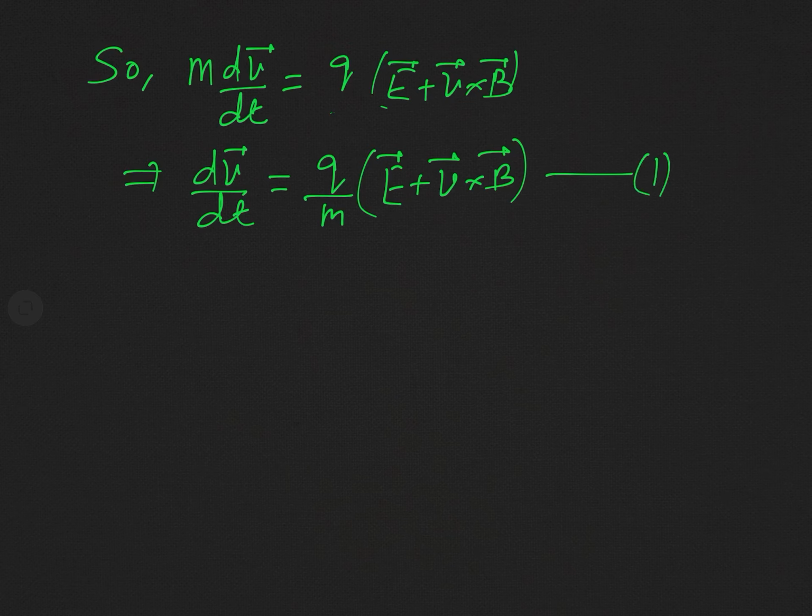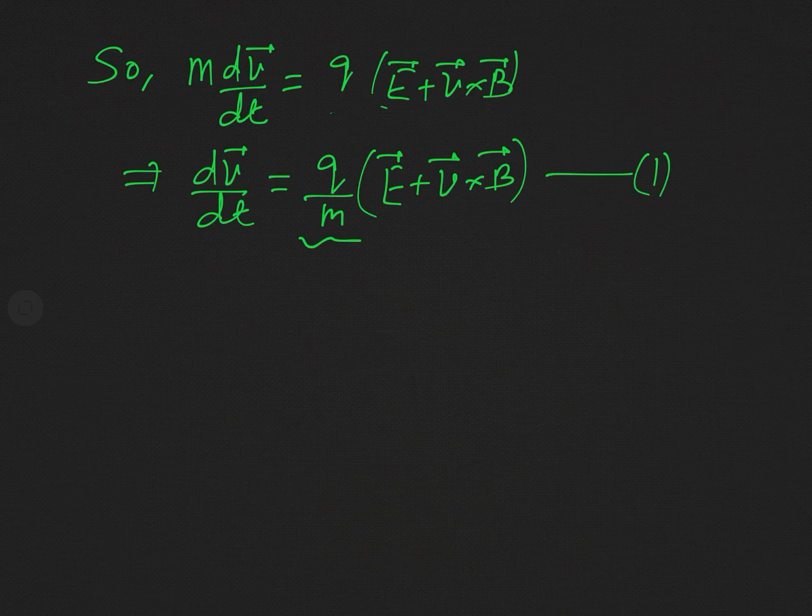Now, as I have just told you, we are considering that all the plasma particles have the same specific charge q over m, although they can move with different velocities.